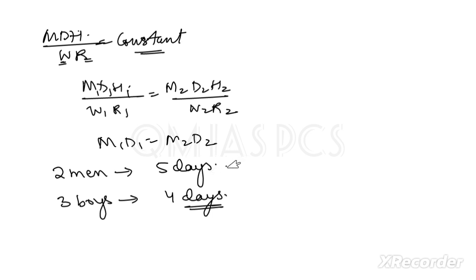We just find the product of men and days. It will be 2 multiplied by 5, that is 10. This means 10 men can do that work in 1 day. Here 2 men take 5 days, but when you multiply both numbers, whatever you get, that number of men can do that work in 1 day.